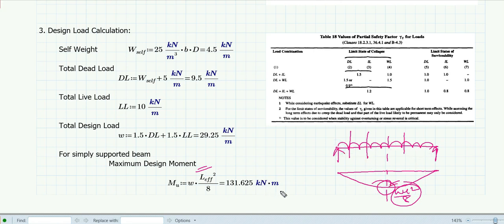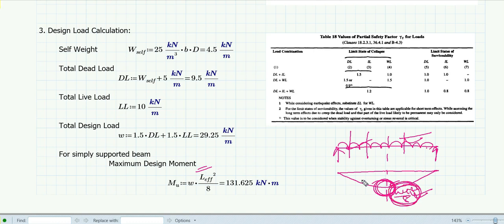That is why we are trying to find the maximum moment for this particular loading condition. That will be the critical case. If you take care of this critical condition, the other conditions will be automatically taken care of. So this is the maximum moment we have to take care of.